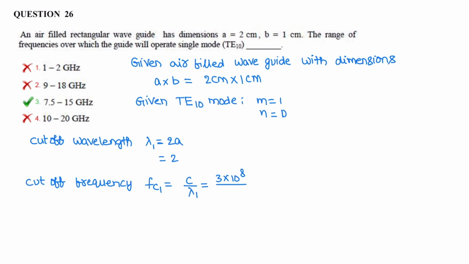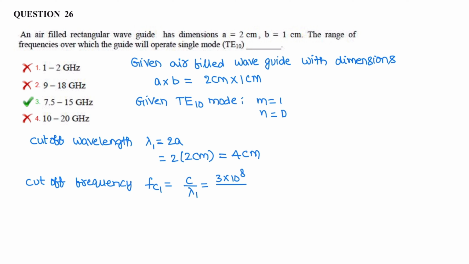For TE10 mode, m is equal to 1, n is equal to 0. The cutoff wavelength lambda 1 is 2a, because TE10 is the fundamental or dominant mode. 2 into a, that is 2 into 2 centimeter. So lambda 1 is 4 centimeter.